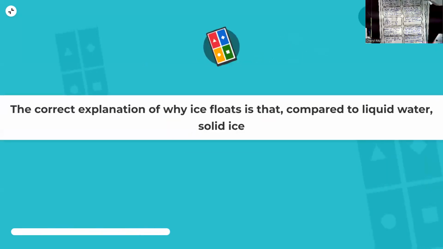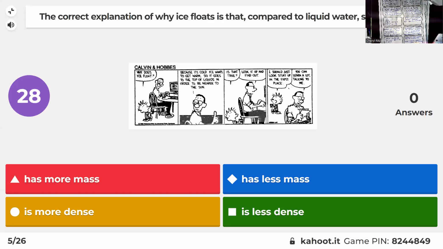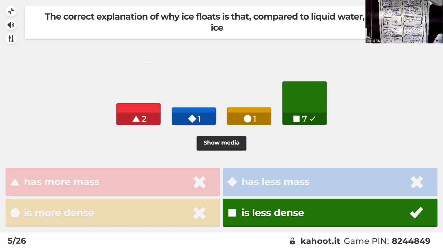The correct explanation of why ice floats is that compared to liquid water, solid water, or solid ice... Whoopsie daisy.